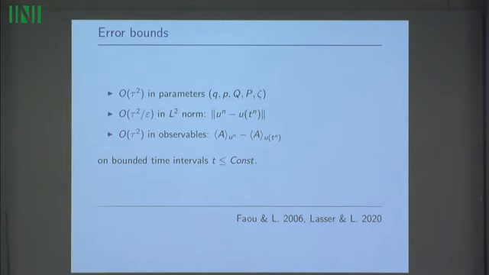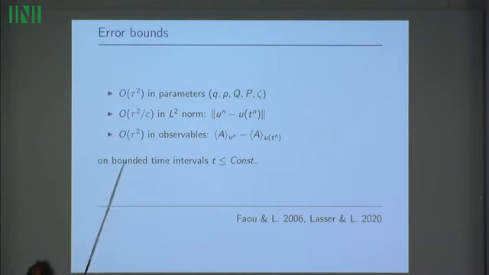And finally, what can we say about the error? So now we compare the full discretization with the time-continuous Gaussian approximation. Now in the parameters, position, momentum, and these other parameters, there's second order. This is almost immediate because the equations we solve behave well in epsilon.